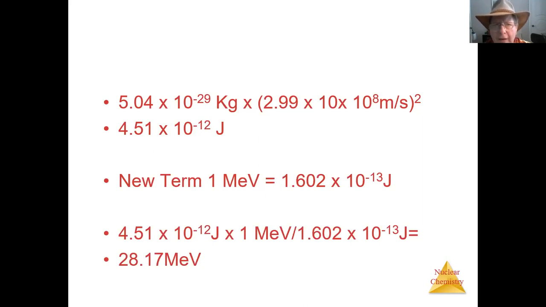So if I take the amount of joules needed to keep the helium together and multiply it by 1 MeV over 1.602 times 10 to the negative 13 joules, this gives me 28.17 MeVs.